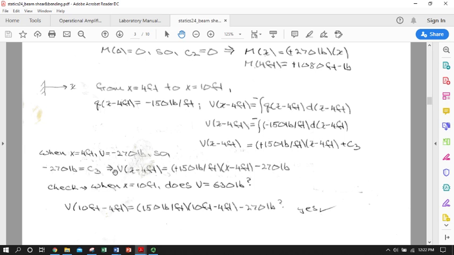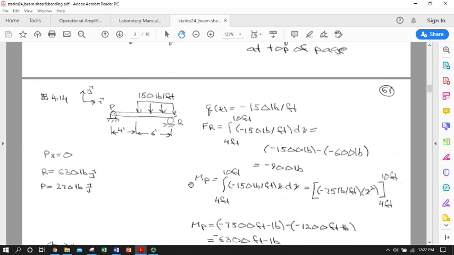So I can rewrite that with the constant equipped. V at x minus 4 feet equals 150 pounds per foot times x minus 4 feet minus 270 pounds. Now I'm going to input 10 feet and see if V reproduces my support reaction, because it needs to.